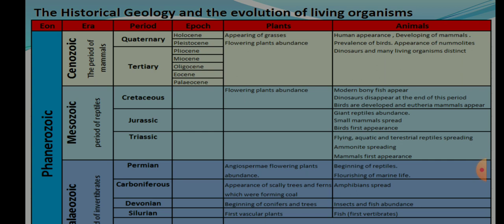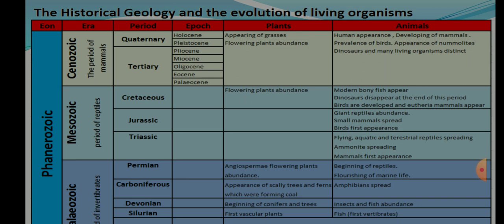Triassic, the beginning of mammals, but flying, aquatic, terrestrial reptiles spread, and the spreading of ammonite.